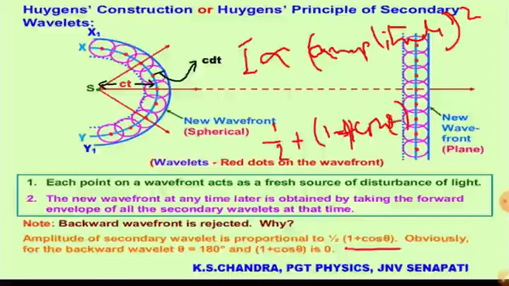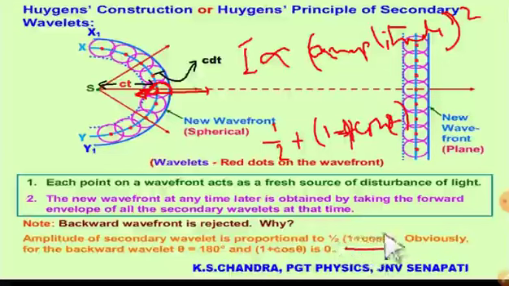Theta is the angle between the original direction of the incident ray and the backward direction of the wave at any point. That means the angle between them is 180 degrees. So with theta being 180 degrees, the value of cosine of 180 degrees is minus 1. So 1 plus minus 1 means 1 minus 1, which means 0.